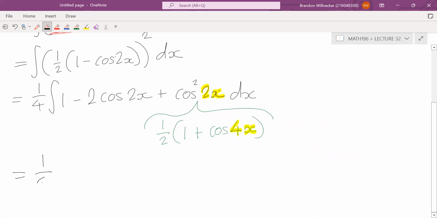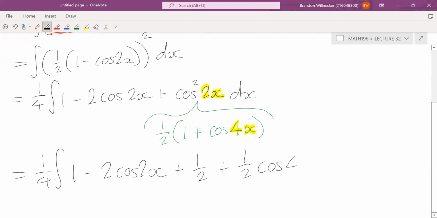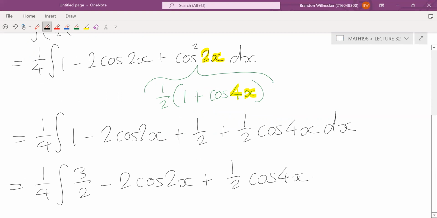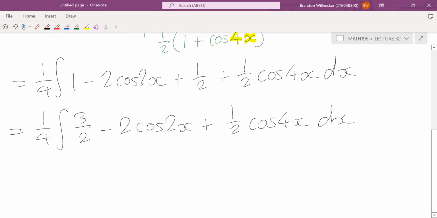Okay, same idea. So let's rewrite this. So this is going to be 1/4 integral of 1 minus 2 cos 2x plus 1/2 plus 1/2 cos 4x dx. Okay, so this is going to become 1/4 integral of 1 plus 1/2, that's going to be 3/2 minus 2 cos 2x plus 1/2 cos 4x dx.